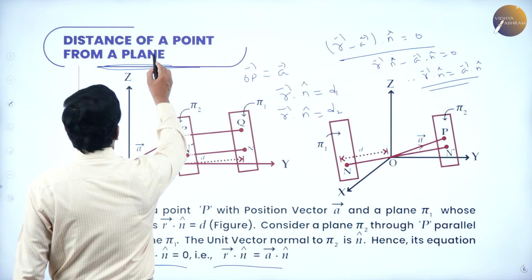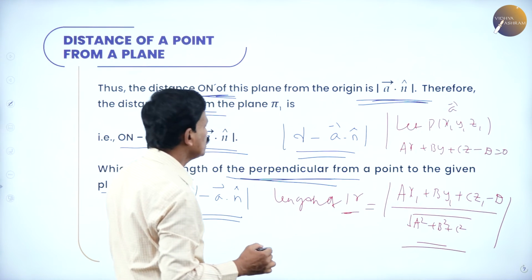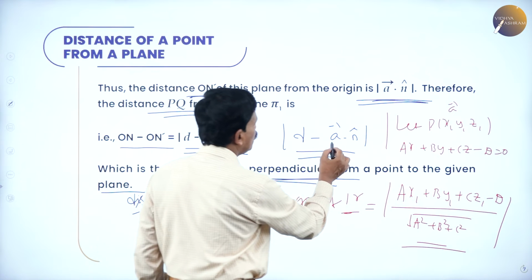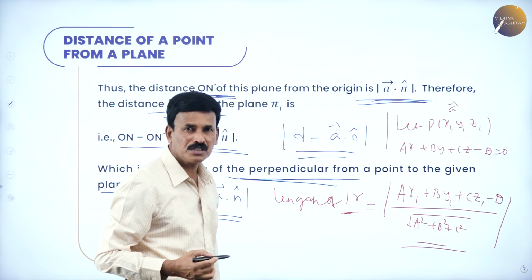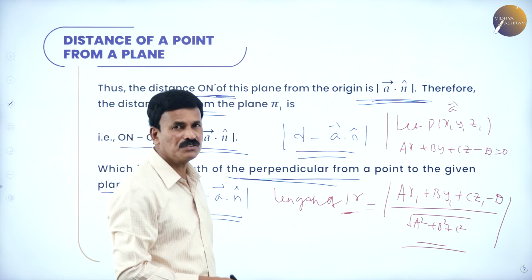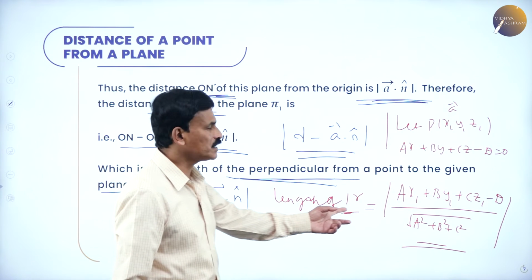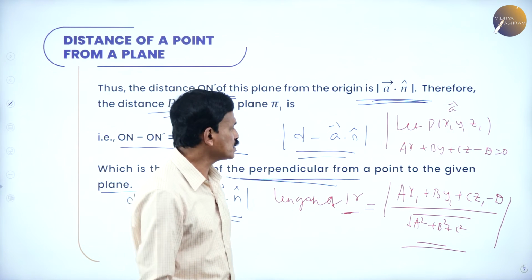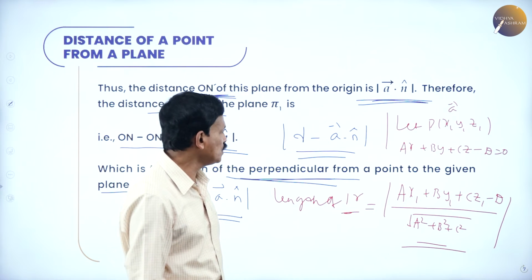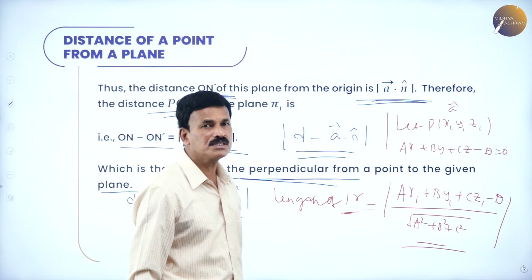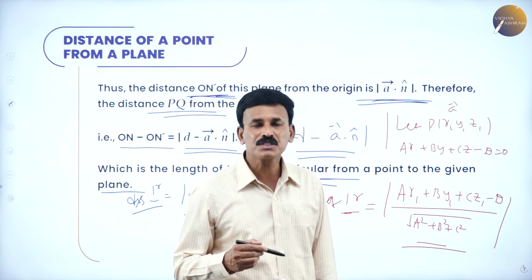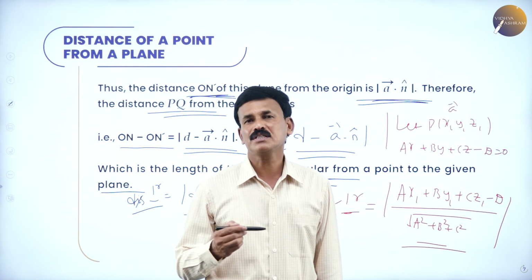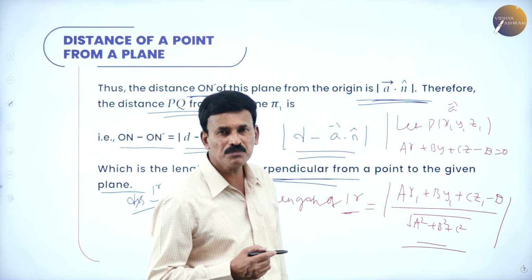So hence the distance of a point from the plane in vector form is d minus a dot n, whereas in Cartesian form the length of perpendicular is given by modulus of ax1 plus by1 plus cz1 minus d divided by root of a square plus b square plus c square. These are the formulas which we are going to use to find the distance of a plane from any point.